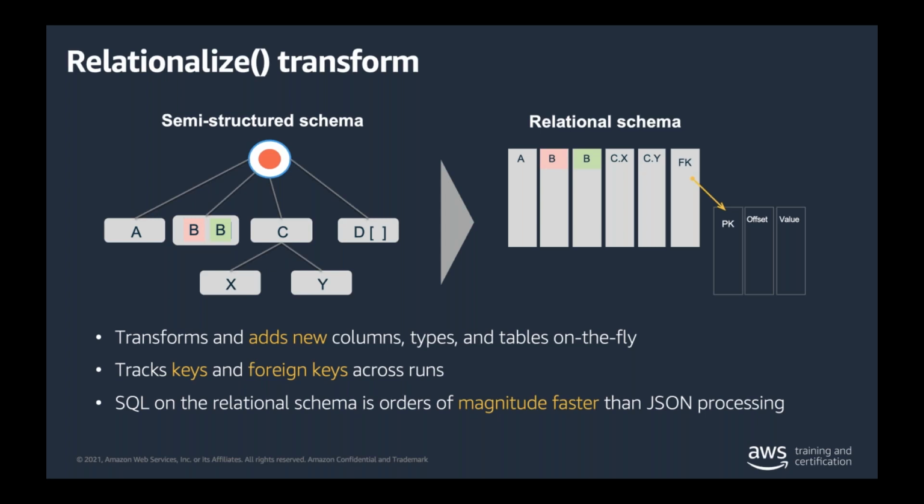And this cast column in both the tables will have a primary foreign key relationship to build the referential integrity between them. So why would you want to use this function? Well, you normally get faster performance when you run SQL queries against a relational schema as compared to when you run the same against nested JSON. So I think for me, this is a pretty good reason to do that.